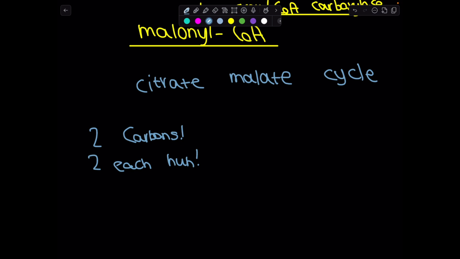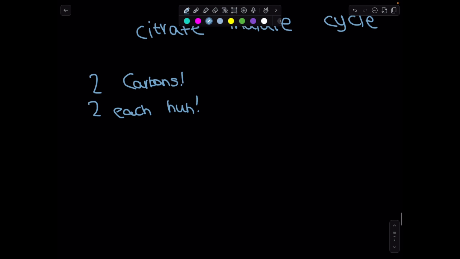All right. So the citrate makes acetyl-CoA, which becomes malonyl-CoA, which then binds to fatty acid synthesis, and you make a bigger carbon chain.